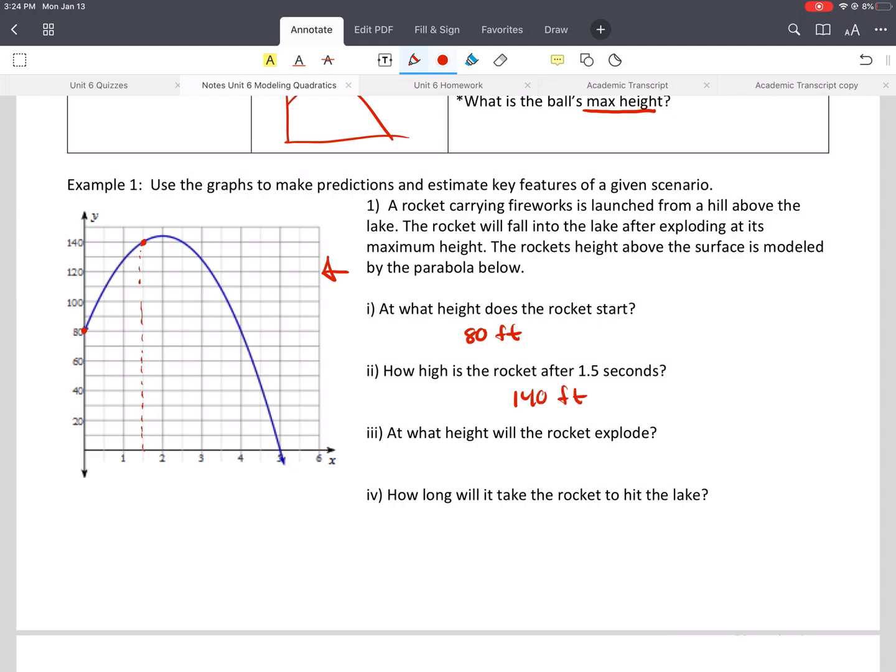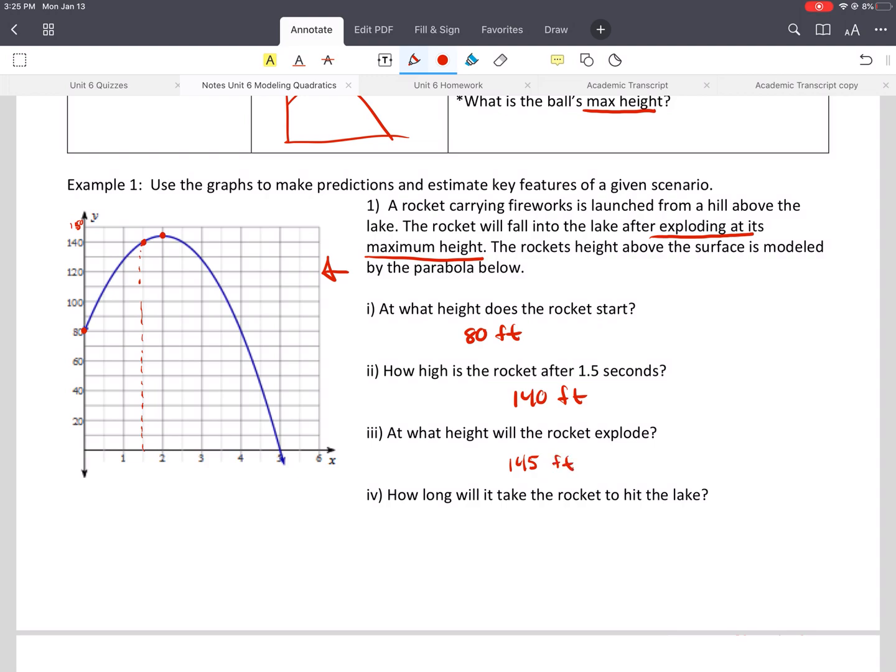At what height will the rocket explode? Well, they told us the rocket will explode at its maximum height. So that would be the vertex. Maximum height looks like 150, I don't know, we'll just estimate 145.